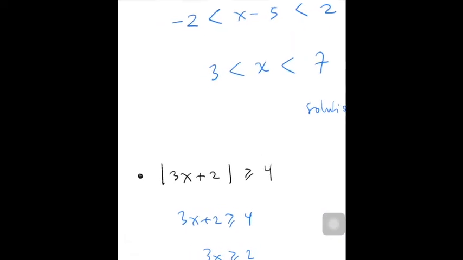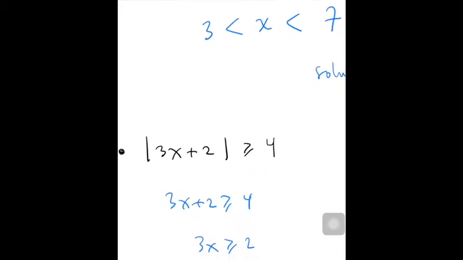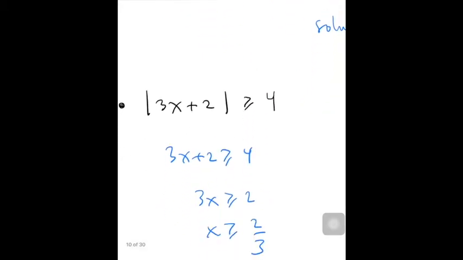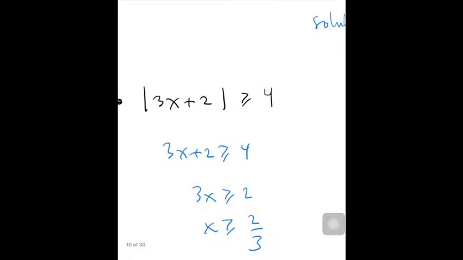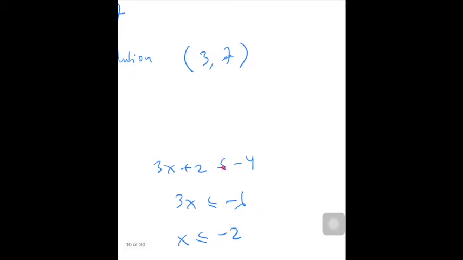Same thing here. If you have absolute value of 3x plus 2 greater or equal 4, then first this is the positive one, and you get x greater than or equal to 2 over 3, and then less than negative 4, this is the negative one.